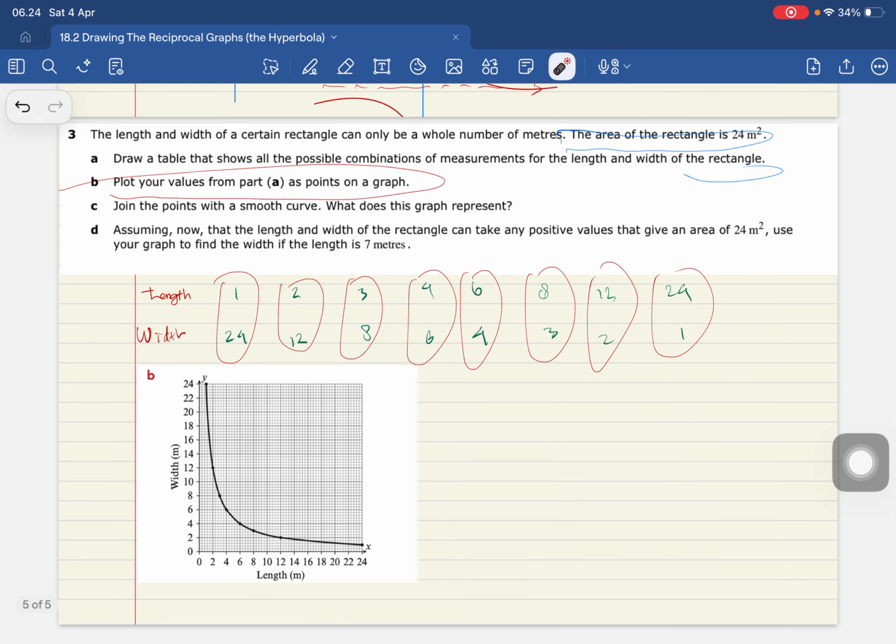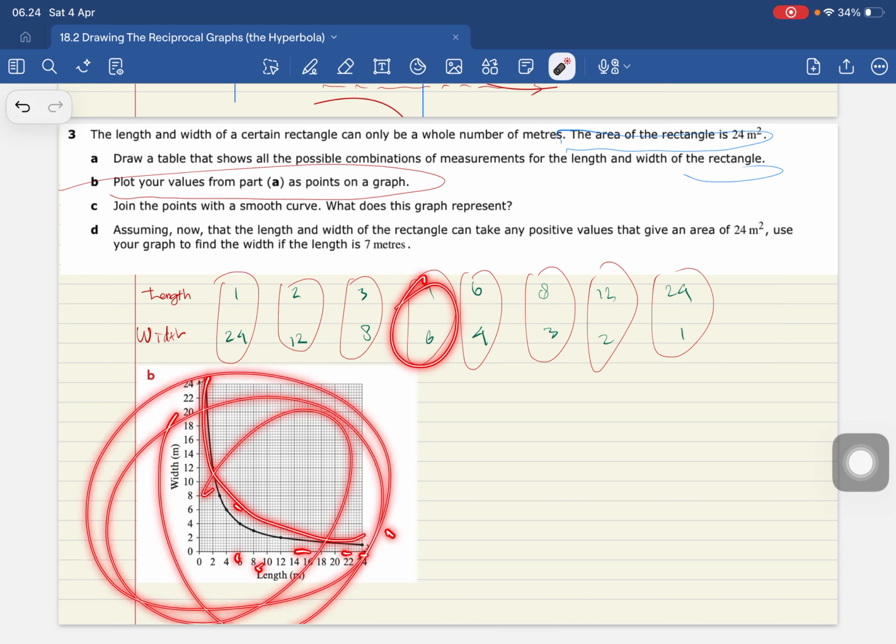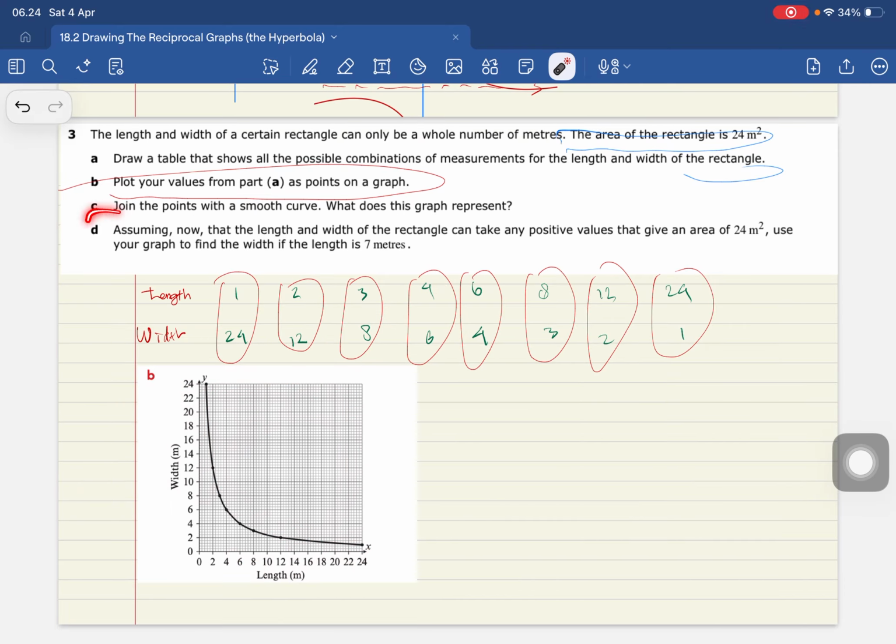Okay, so here are the points. Let's say this is the length and the width. So when length equal to 1, width is 24. Length 2, width is 12 here. And when 4, 6, and go on. This is all the possibilities on the graph. And then we join the points.